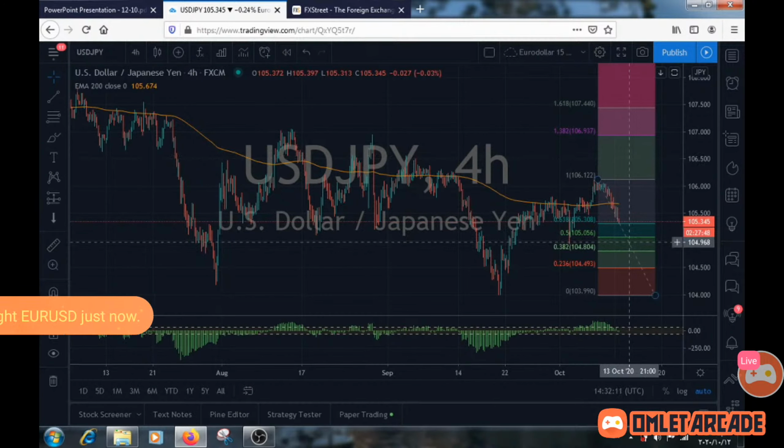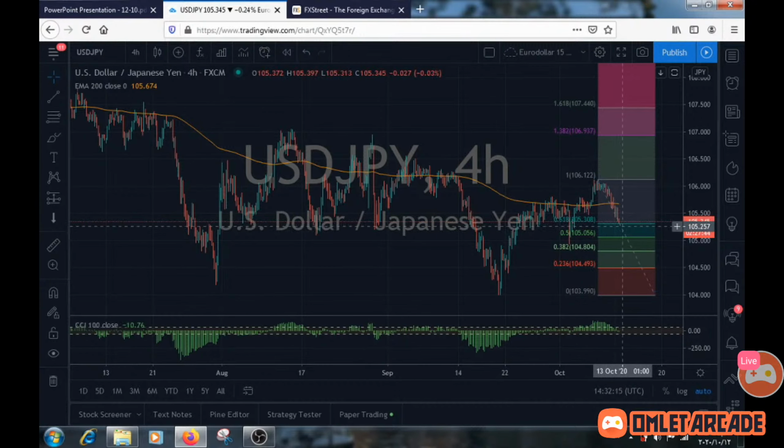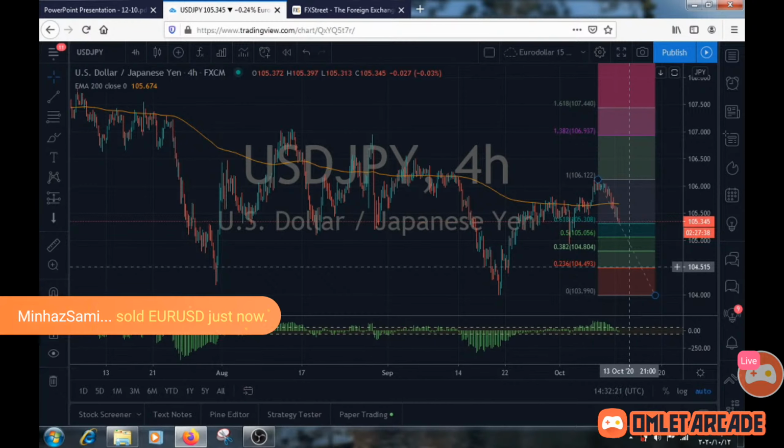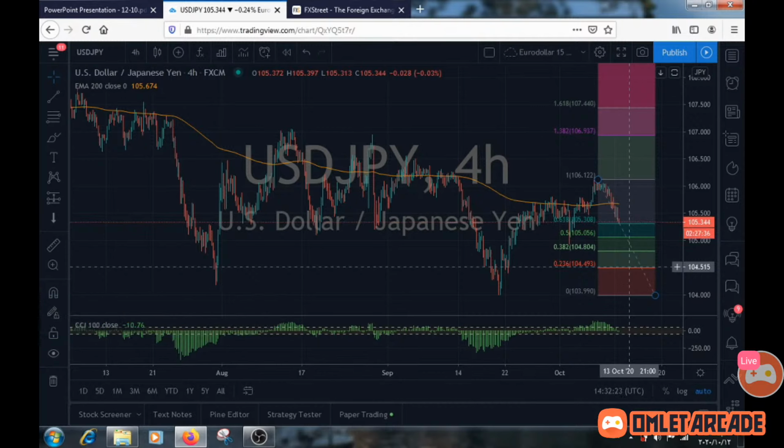I think it's probable to start testing entries at 105.3 using micros. We have potential to buy into this issue all the way down to 104.5.